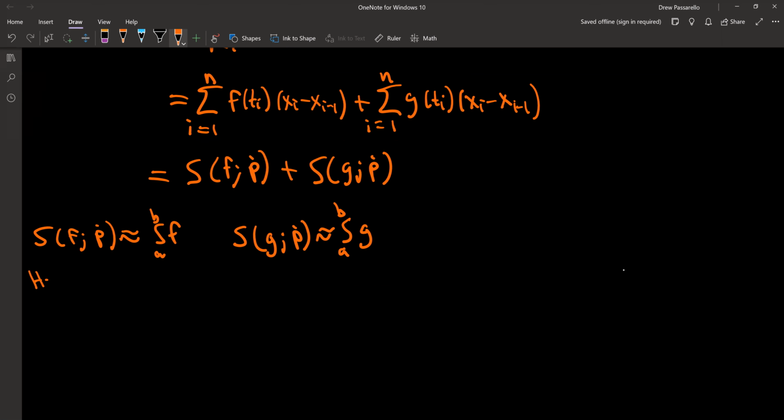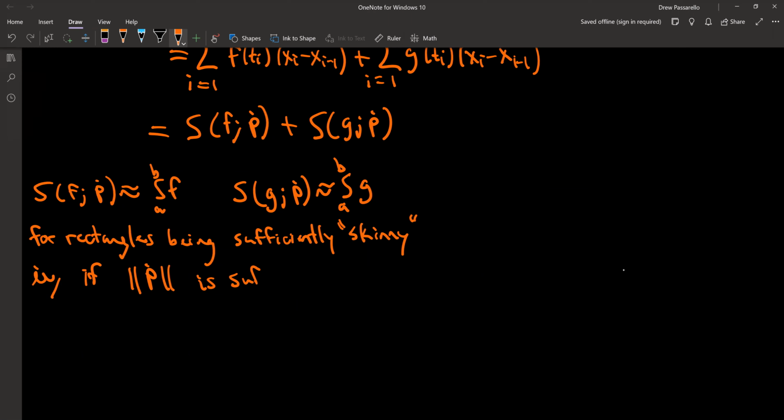Or in other words, if the norm of the partition P is sufficiently small. So the question is, how small do I need it to be?